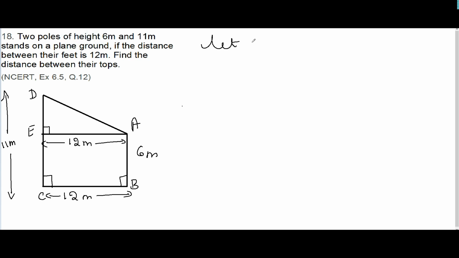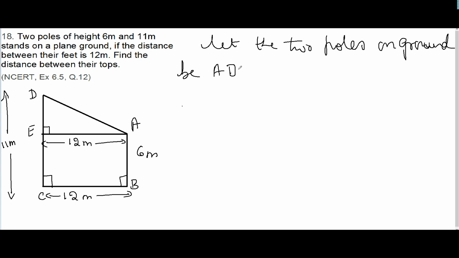So let the two poles on ground be AB, which is equal to 6 meter, and CD, which is equal to 11 meter, and the distance between the poles' bases is 12 meter, given.